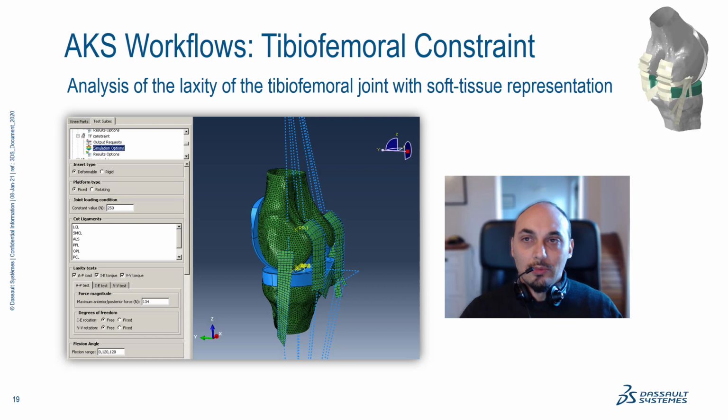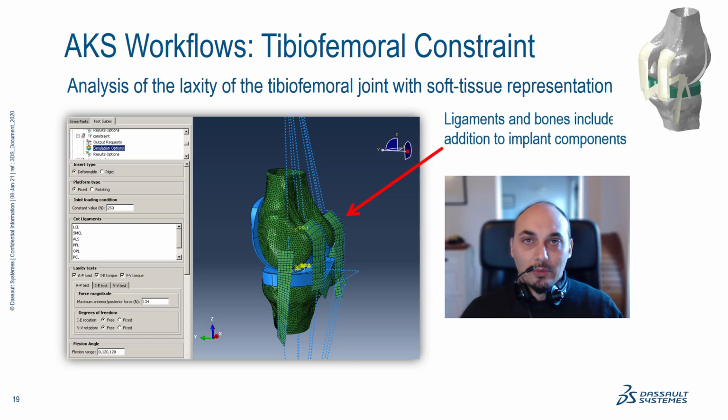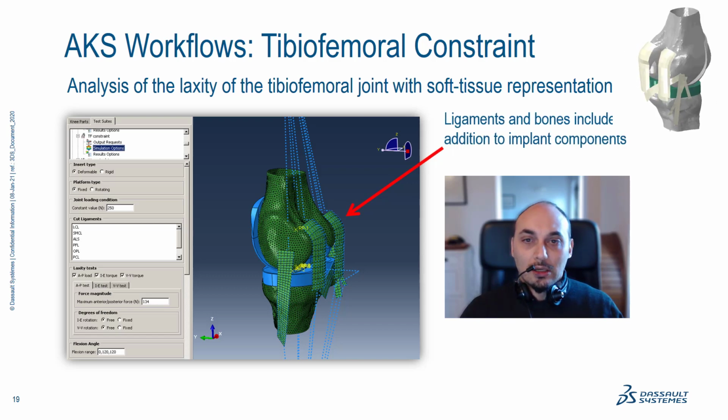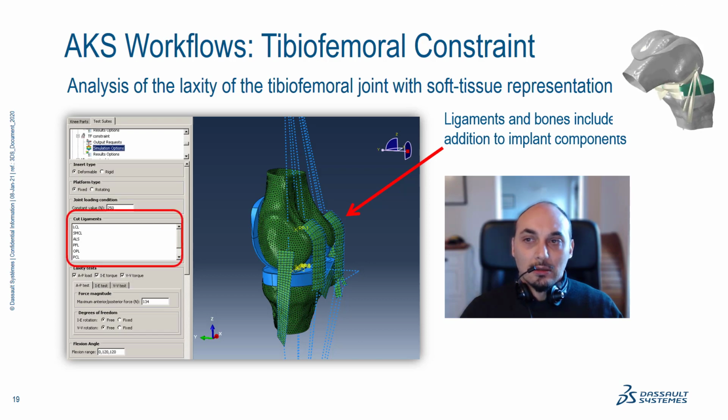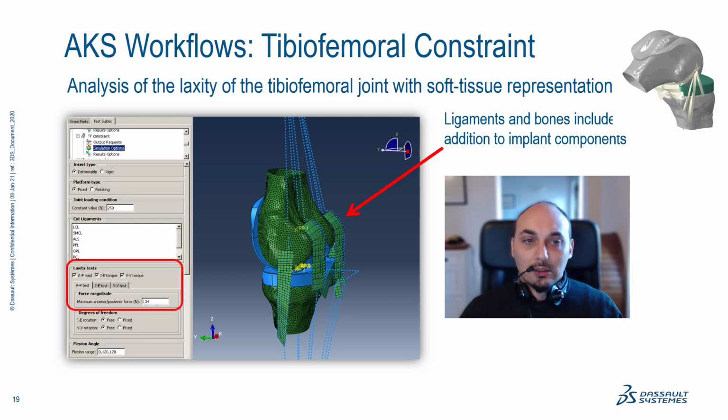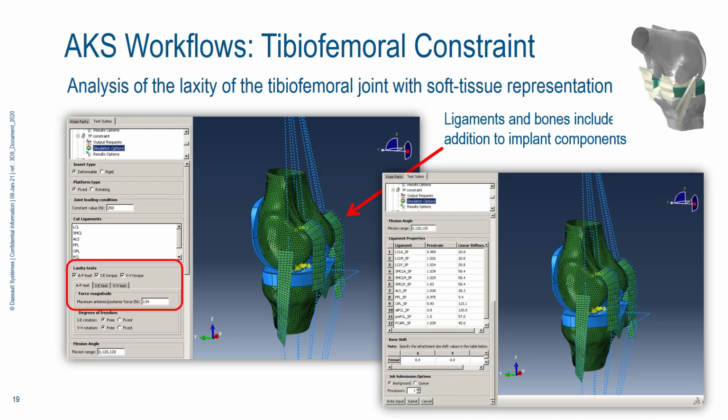Let's go on with the tibiofemoral constraint. Here we are adding another layer of complexity to the analysis, and we can again analyze the laxity of the tibiofemoral joint with soft tissue. You can see that we are including the ligaments and adding them to the implant, and we can define which ligaments we are interested in, and again the boundary conditions for the laxity test.